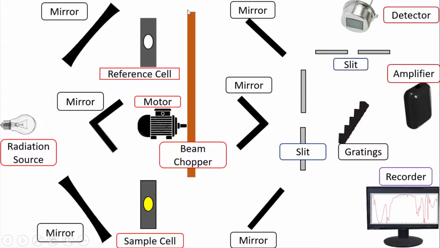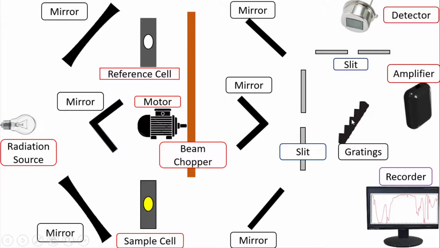The beam chopper rotates with the help of a motor, and its role is to allow alternate beams to pass, once from the reference cell and next time from the sample cell. This process continues alternately, and then again through the mirror the beam is directed to the slit.